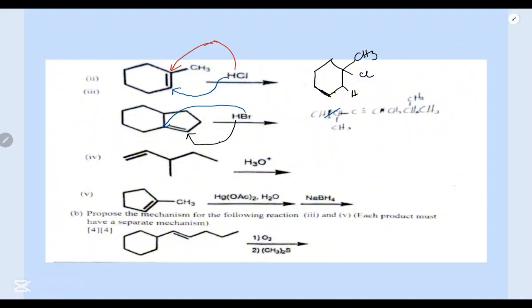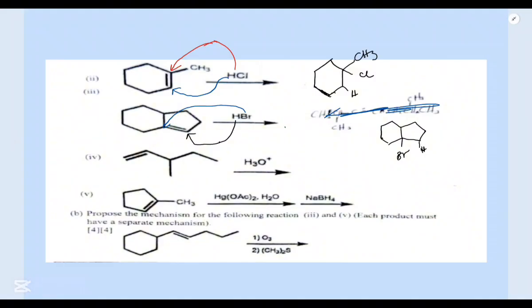So probably your answer is going to be: the hydrogen will come here, the bromine will be in this position. That's the answer.